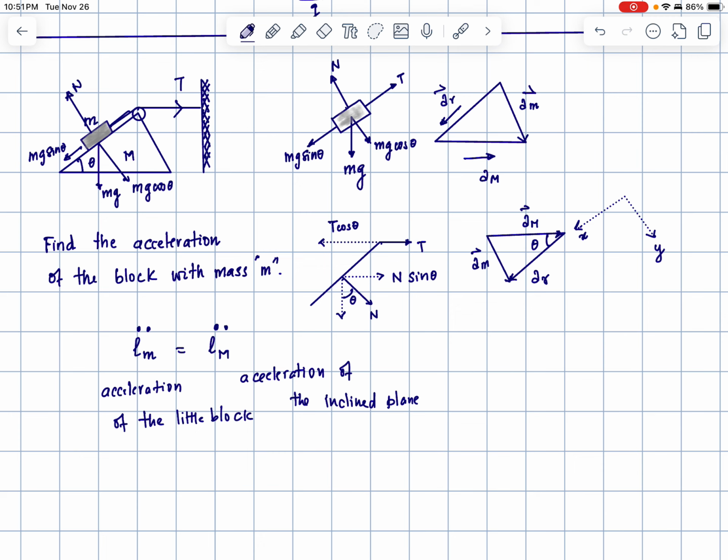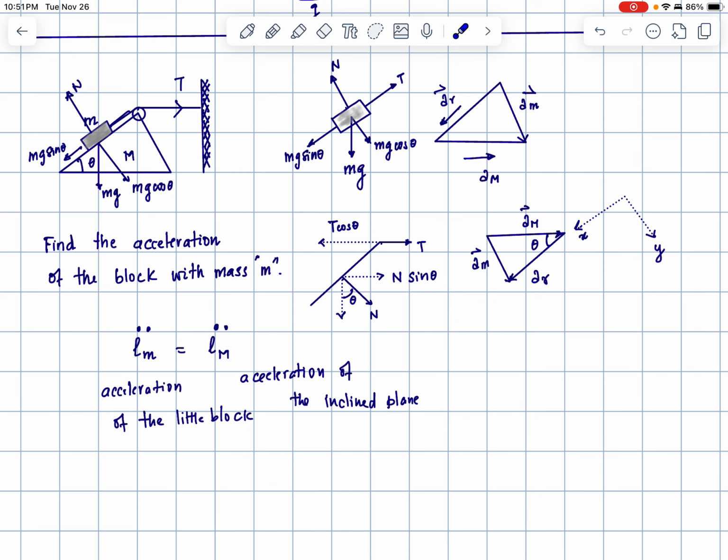Okay, but bear in mind that these are in two different directions completely. Okay, so the little block is accelerating downwards like this, and the big block is accelerating towards the right. Okay, so if you look at the vectorial representation of the accelerations, that's what this looks like. So we denote the relative sliding of the little block over the inclined plane as being in this direction, and the relative acceleration is denoted by a sub r.